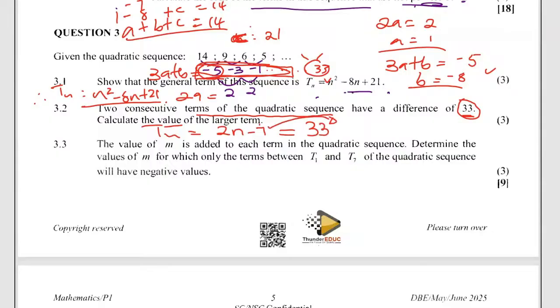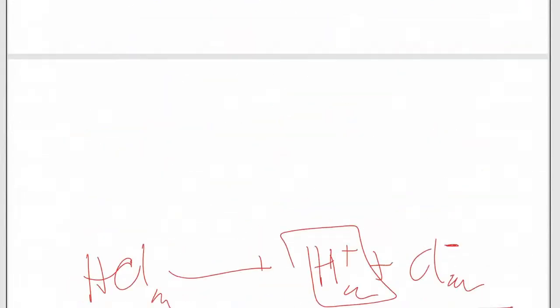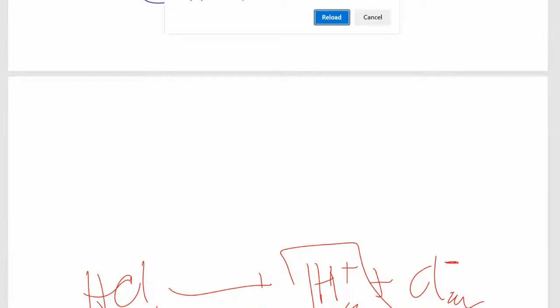Then I'll move the 7 that side. Then my 2n will be equivalent to 40. Let's just erase this. We're saying that the 2n should be equivalent to 40. Divide both sides by 2, meaning that n is going to be 20.